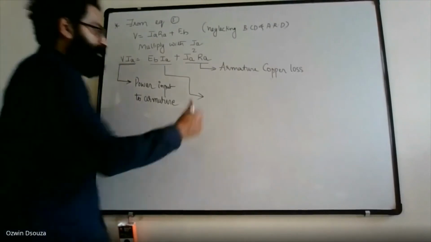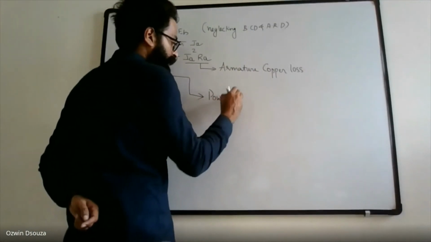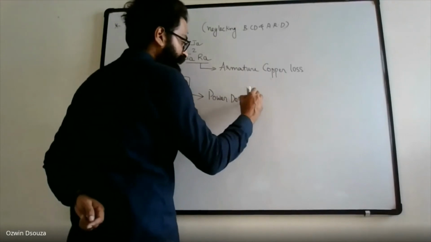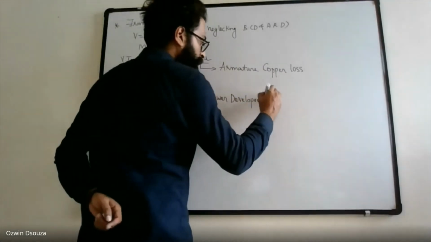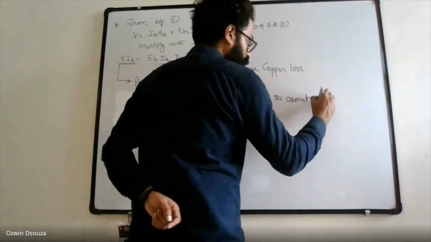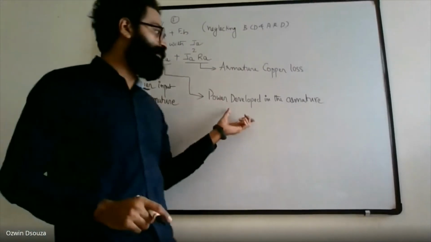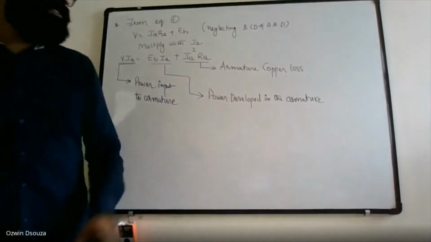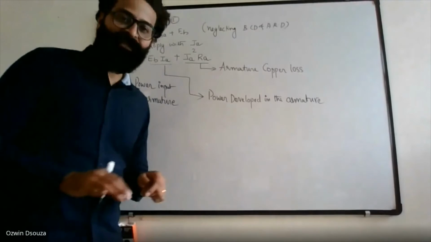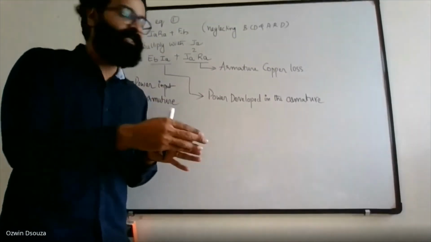All right, and then finally we have this term, EV into IA. So this EV into IA is called power developed in the armature. This is power supplied to the armature, and this is power developed in the armature. So this power developed in the armature is basically mechanical power, right? Because when you give electrical input, motor gives mechanical power output.